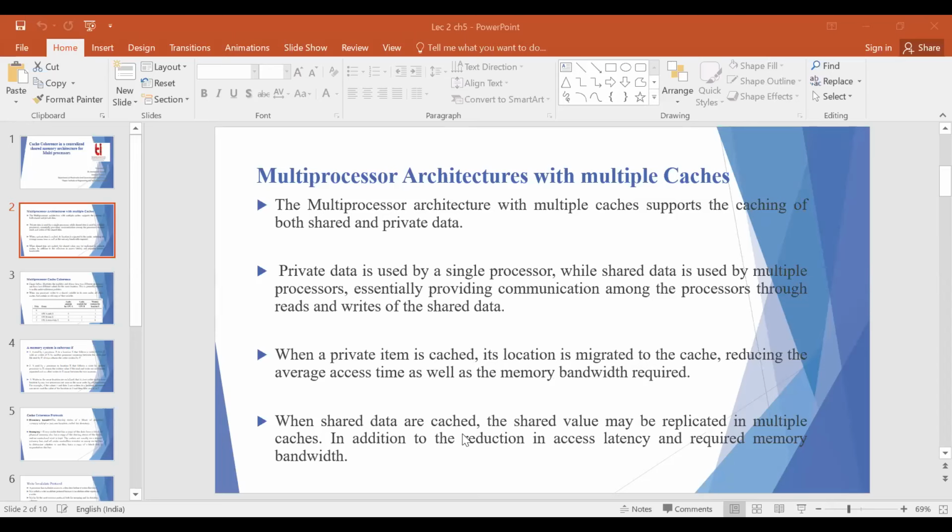While when a shared data is cached, the shared value may be replicated. This is a very, very important point. I would like to impress upon this. When a shared item is cached, the value may be replicated in multiple caches, in addition to the reduction in access latency and required memory bandwidth.